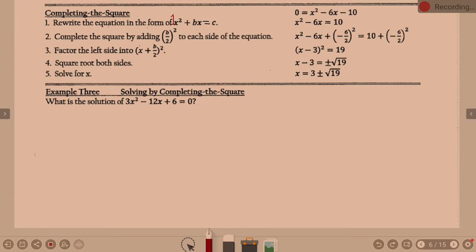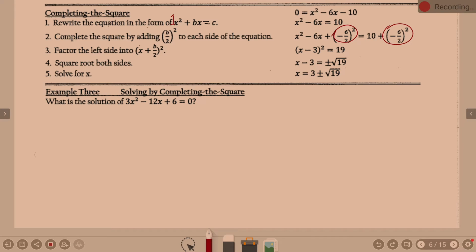We'll take negative 6, divide it by 2, and then square it. Negative 6 divided by 2 is negative 3. Negative 3 times negative 3 is 9. So we would add 9 to both sides of the equation. We'll write it as 9 because you guys will be much happier with that.